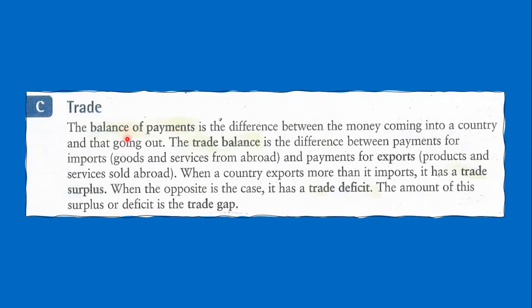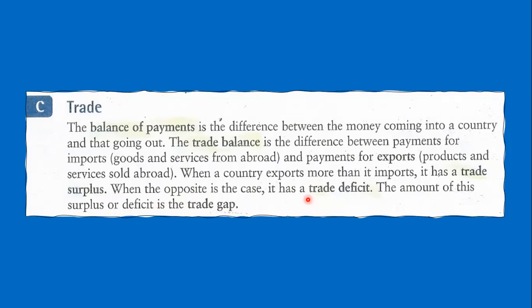Well, coming back to this balance of payments. When a country exports more than it imports, it has a trade surplus. Surplus. Look at this beautiful word. It means you have money. So exports more than imports, surplus. Or the opposite. What's the opposite?